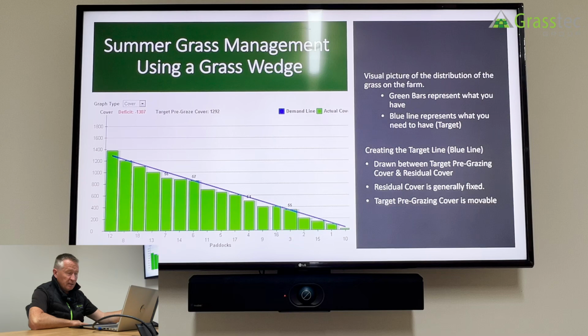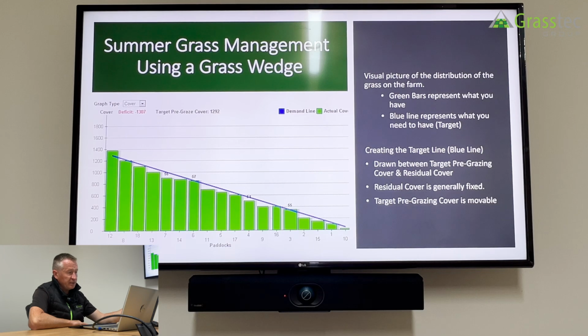And again, just to note that the scale here in terms of average farm cover is available cover. It's what's available from 3.5 centimeters upwards. And again, in the UK or in New Zealand or so, it's on total cover, which is an additional 1,500 onto that.